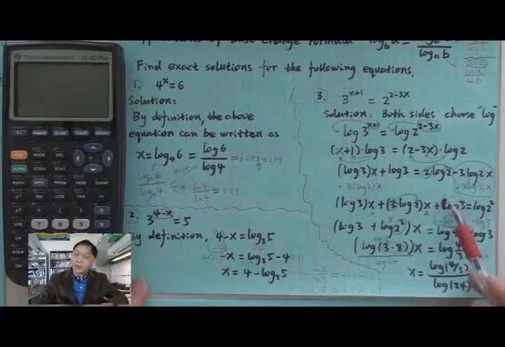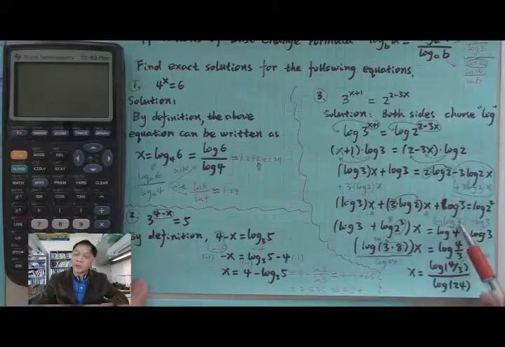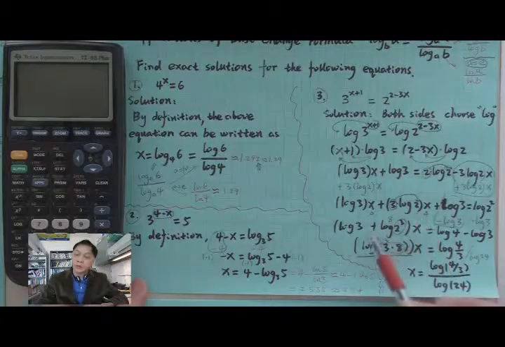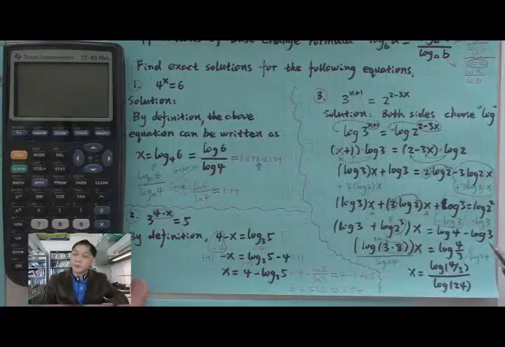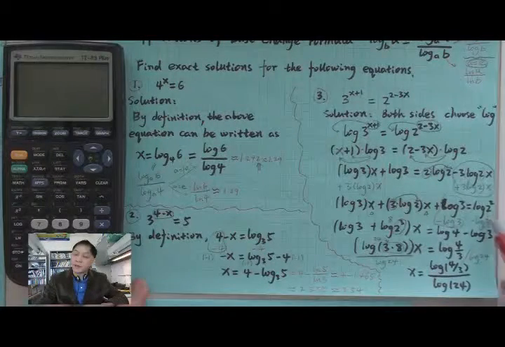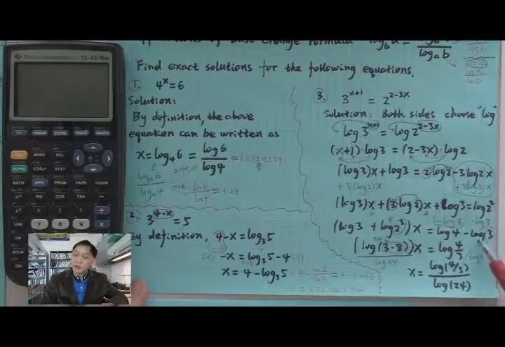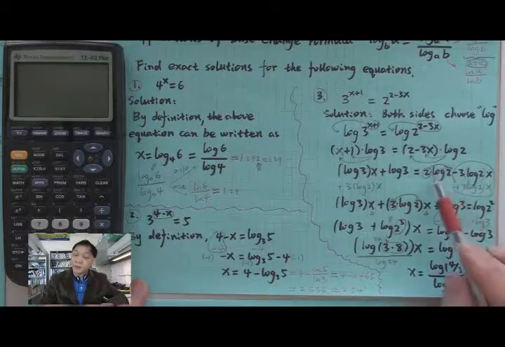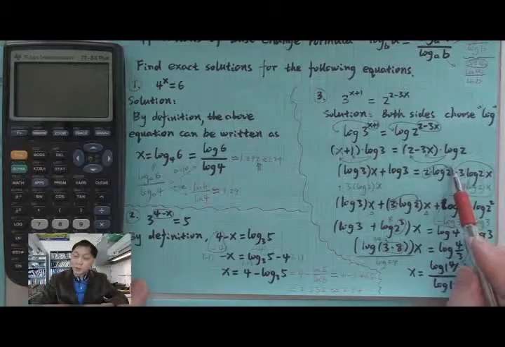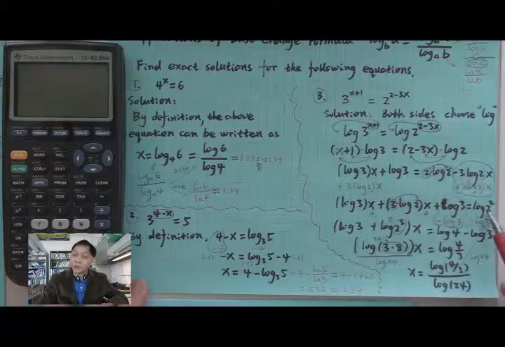So the right-hand side is log 4, because that's 2 squared, minus log 3. Again, why do we need to square? The 2 is brought up, as we said before.